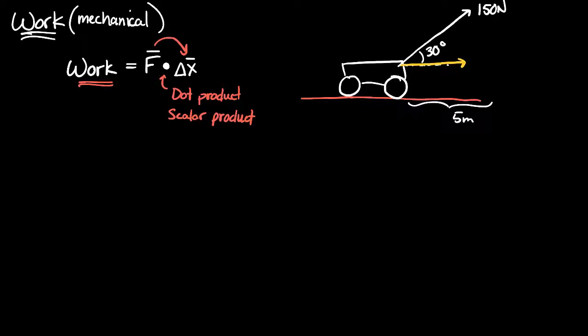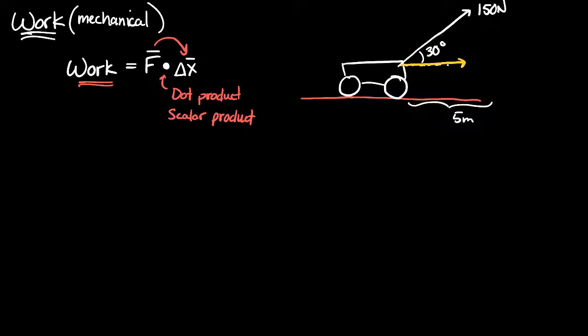We know that this 150 newton force has two components that can be used in this calculation. There's the horizontal component and there's the vertical component. The vertical component isn't helping the wagon to move to the right, and therefore doesn't do work in causing the wagon to move. The horizontal one does.